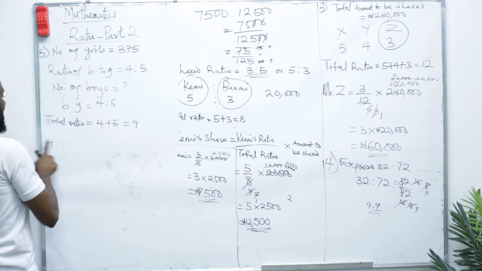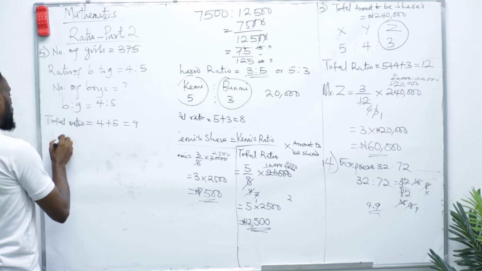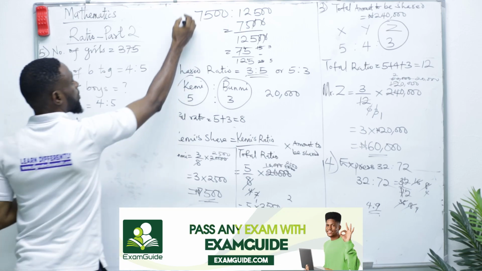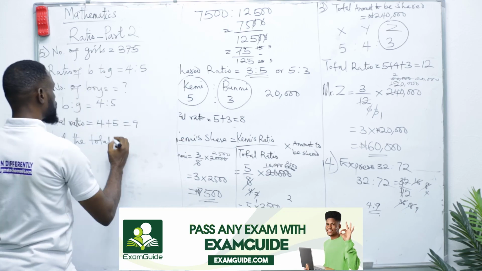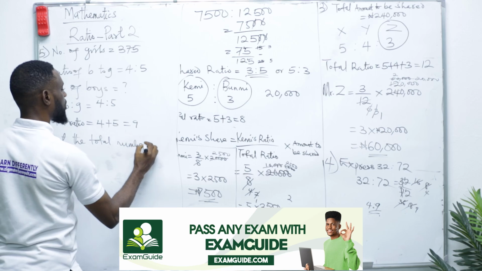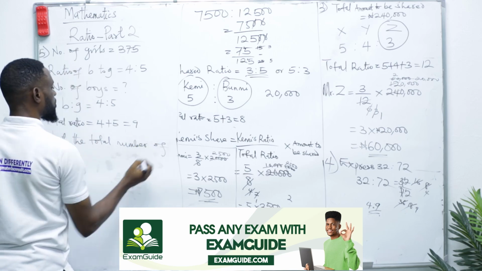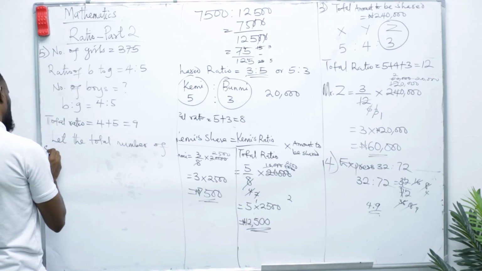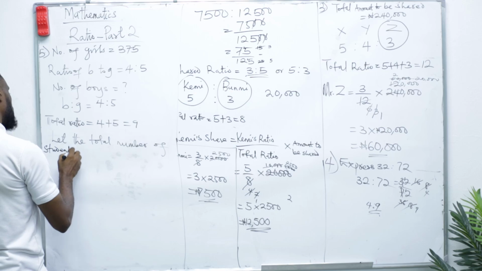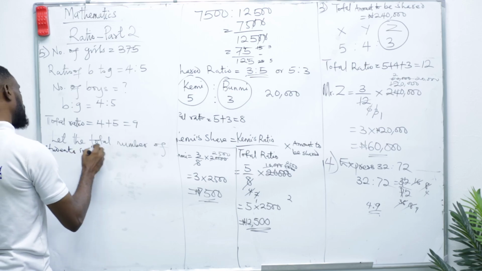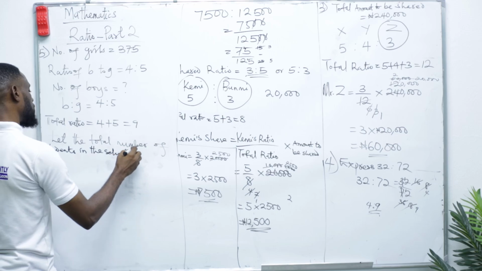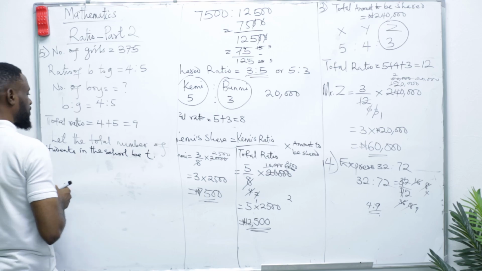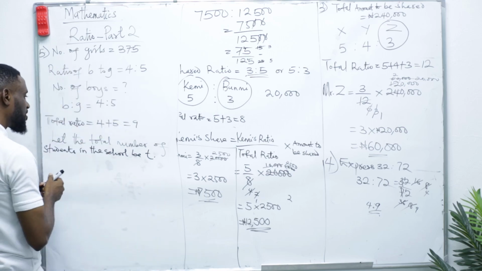Let the total number of students in the school be T, representing total.